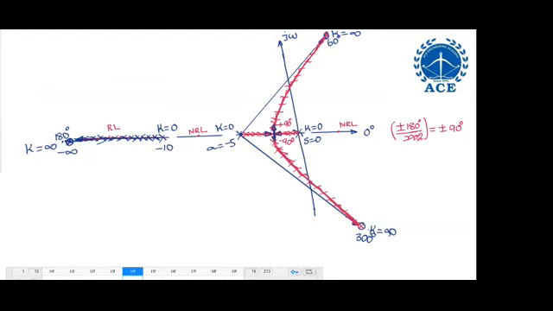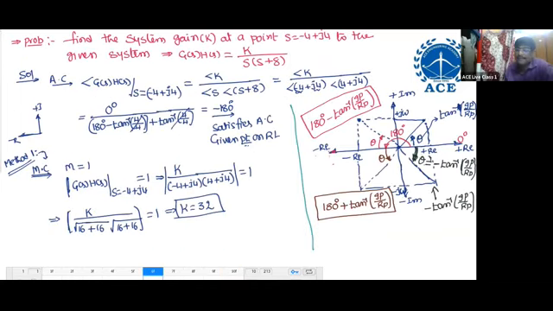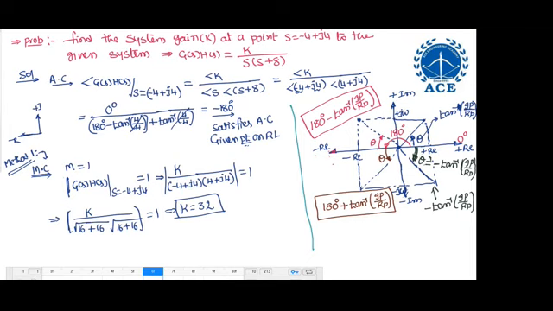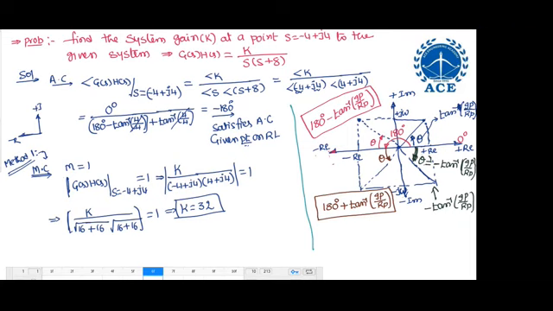Sir, page number 6F. Tell. Sir, how do you draw the root locus branches here? Where are the root locus branches here?